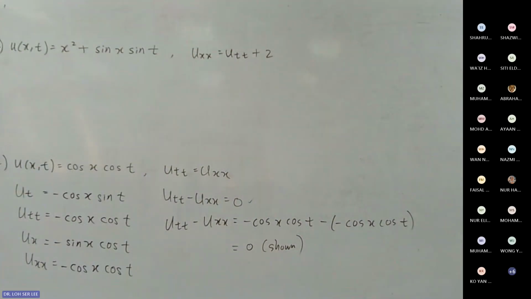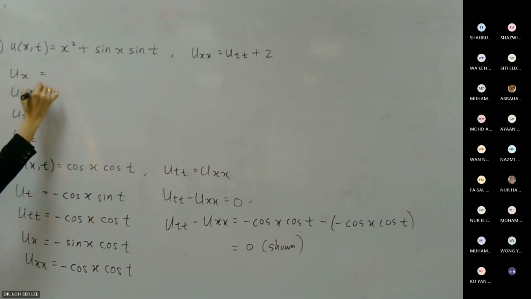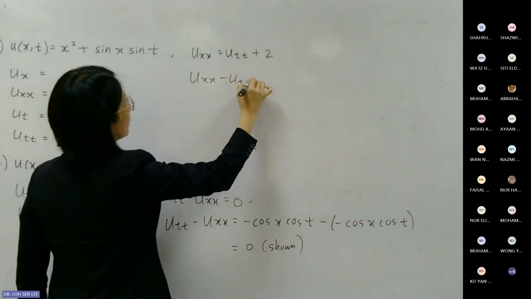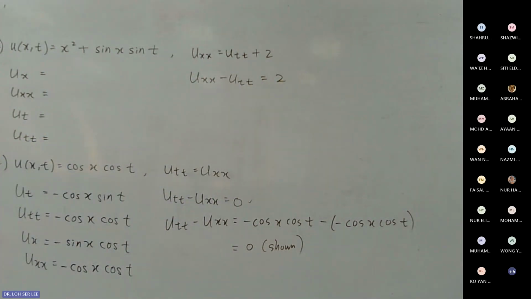So we need uxx and utt: ux, uxx, ut, utt. This one, move the u terms to the left. Later on, we should get a 2 on the right.